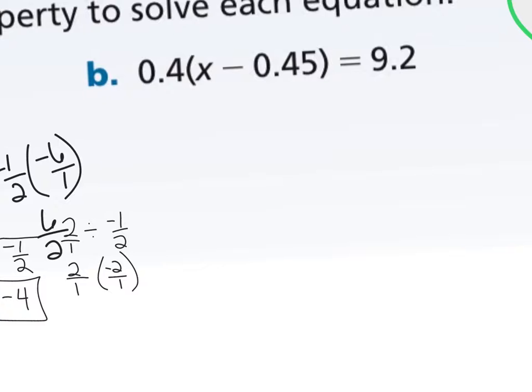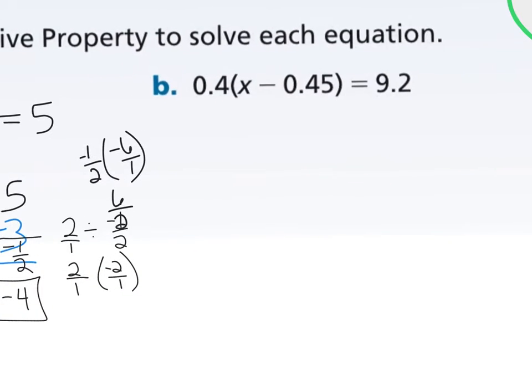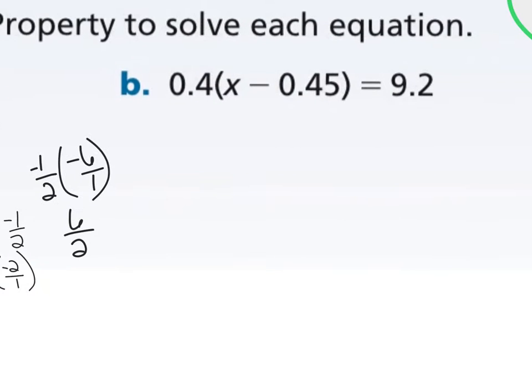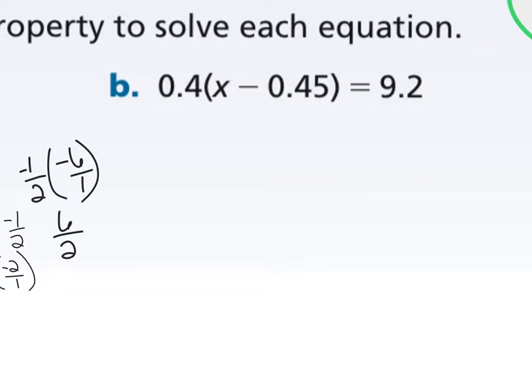So continuing on, part B, similar idea. We see a number next to a set of parentheses here, means first thing we need to do is distribute. Good. So we're going to distribute here. So 4/10 times the x. They're subtracting, so if you want to add the opposite here first, you can.